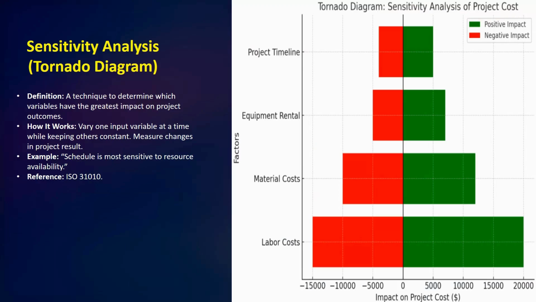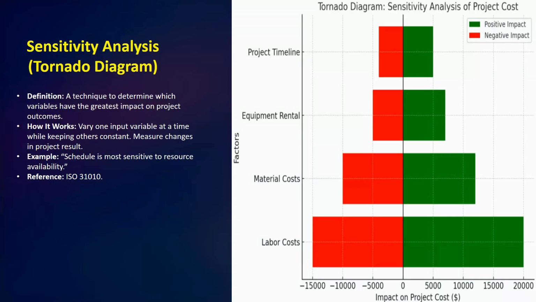We change one variable at a time, say resource availability, and see how much the project's schedule or cost can change. The variables that cause the biggest swings are the ones you need to pay the most attention to. The resulting chart looks like a tornado with the most sensitive variables at the top. Here we have the example: positive impact, negative impact.